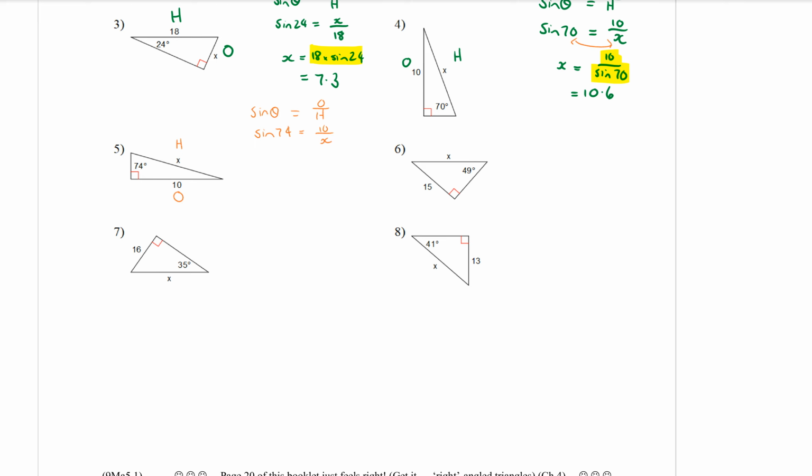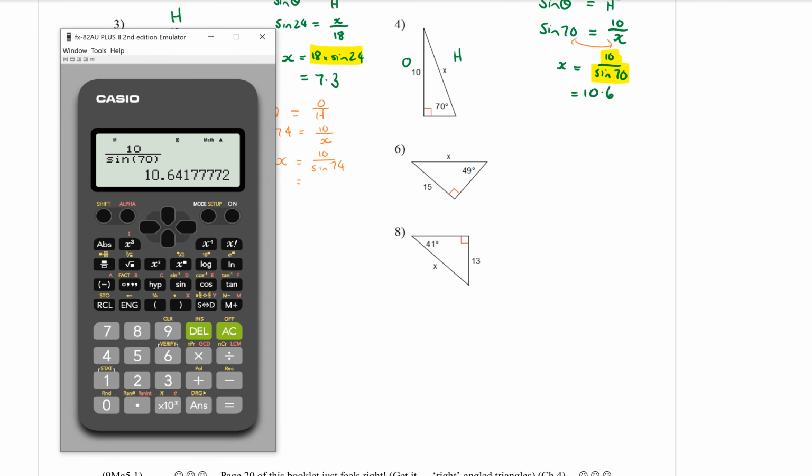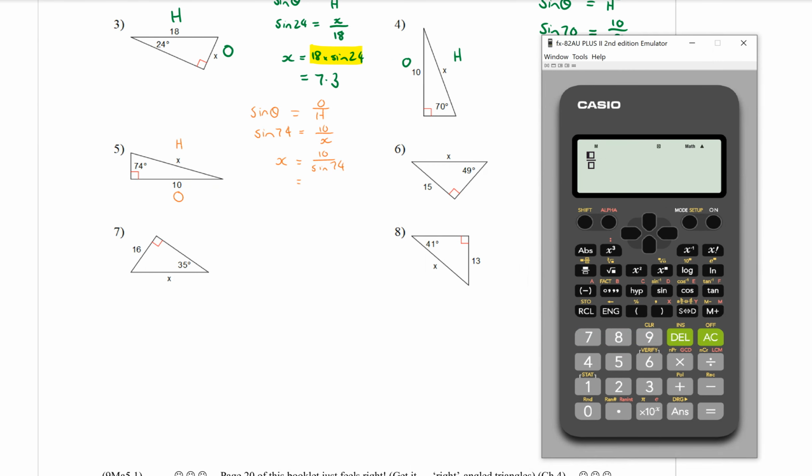So see the x on the bottom, which means we're going to switch places. X equals 10 over sine 74, and type it in your calculator. So that's 10.4.